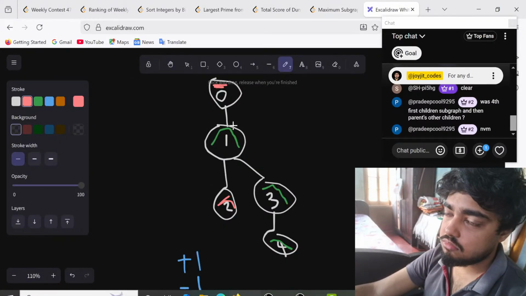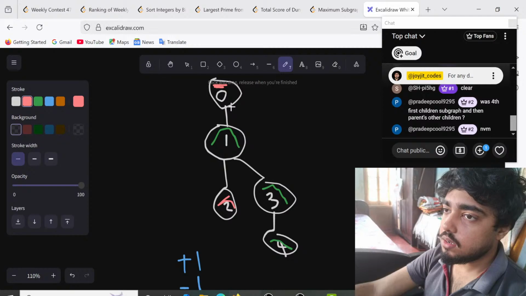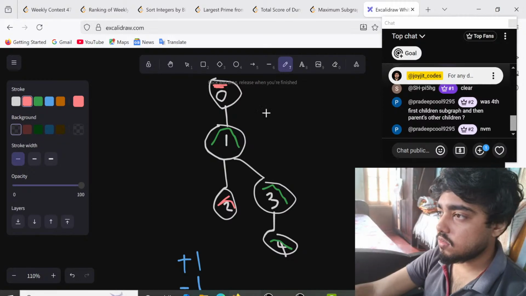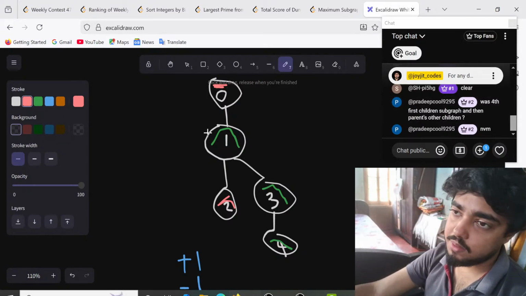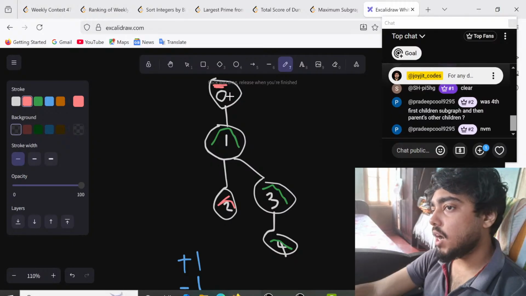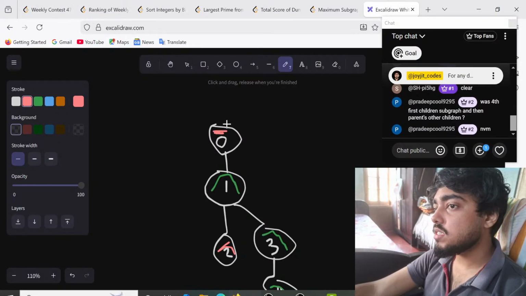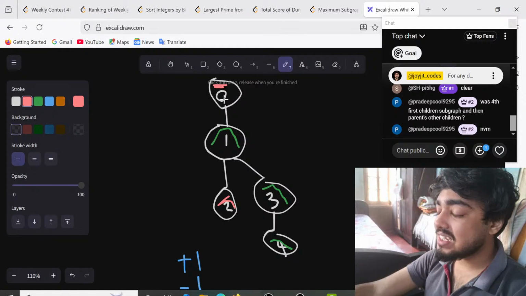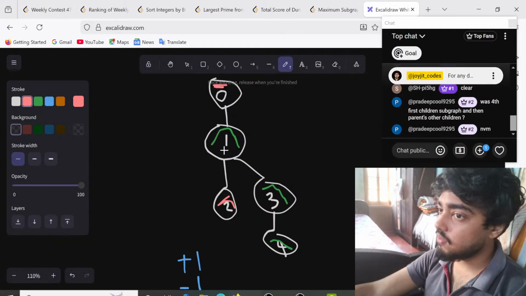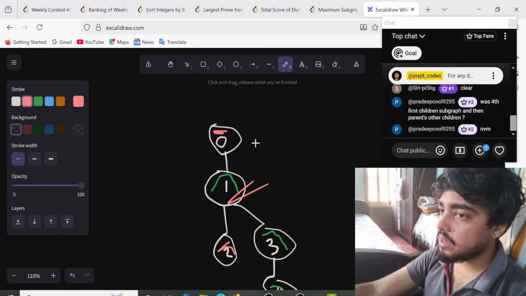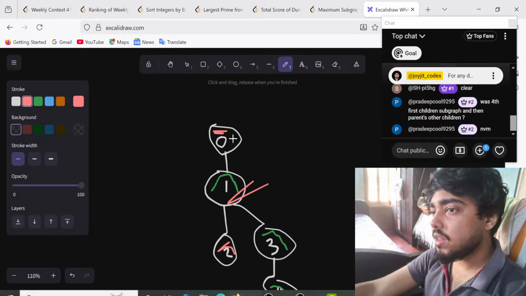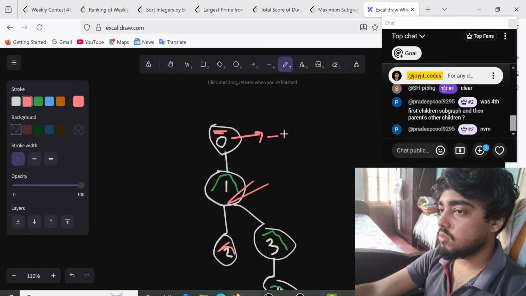So you start from 0, very similar to what Pradeep was telling. If you're going to start from 0, what is there above 0? Is there anything above 0? No, nothing is there. But what are the components connected to 0? Only 1 is there, right? So whatever the score of 1 is, it will be there along with minus 1 from the 0.